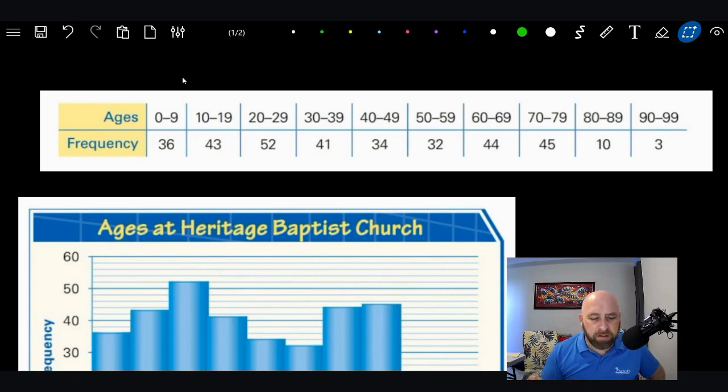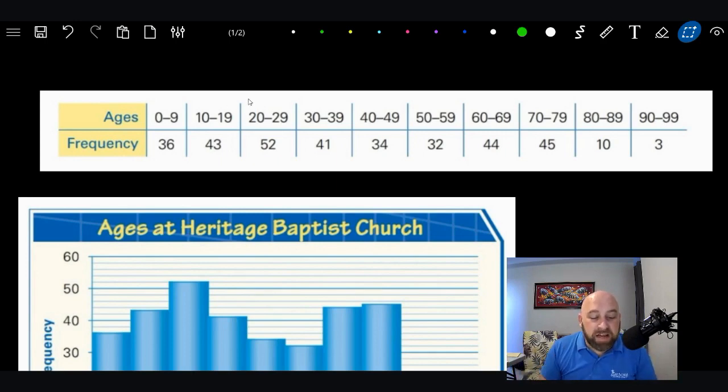Why are you laughing? Okay, I'm not 20 to 29 anymore. I used to be, many, many moons ago. But there are 52 of those. 30 to 39, we're getting closer to me, still not there yet: 41 of those. 40 to 49, that's me. Yeah, that really is me this time. There are 34 of us.